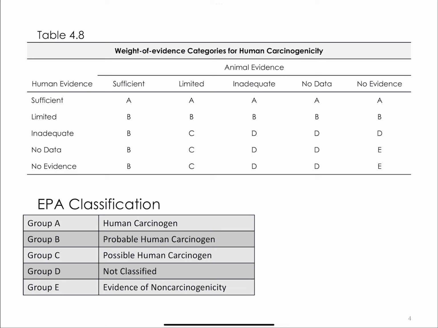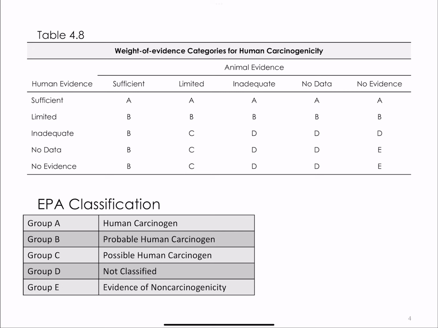So let's take a look at table 4.8. The way we read this table is to look at the first line, which is animal evidence.